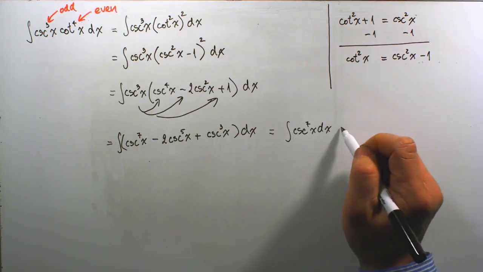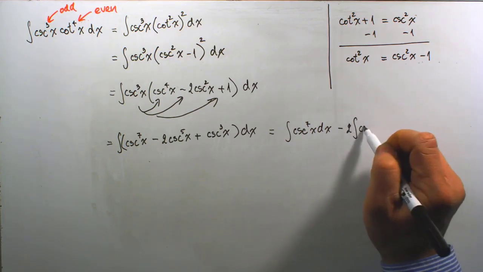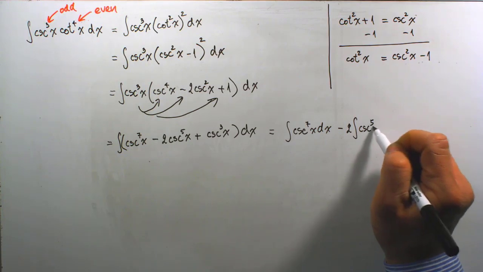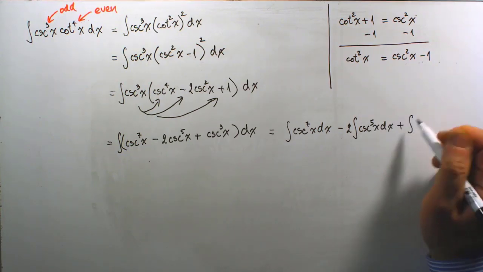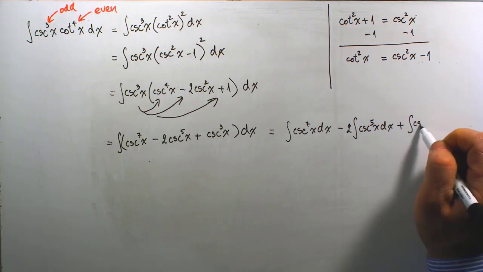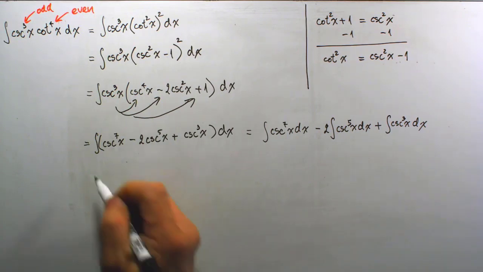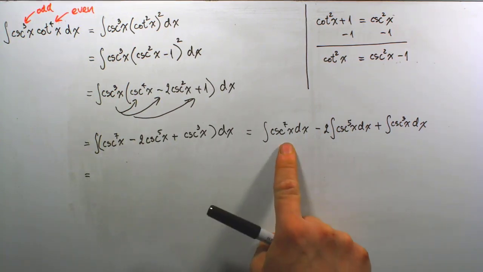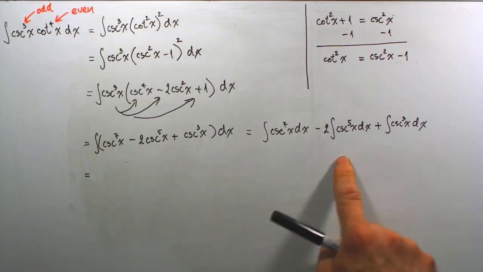The next integral here is a minus 2 cosecant to the 5th of x. And the third term is an integral of a cosecant cube of x. And so now, as said earlier, I am going to apply the reduction formula for only the highest term for now at this step, and I'm leaving these two other terms the same.